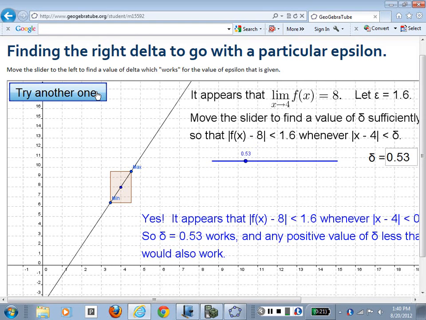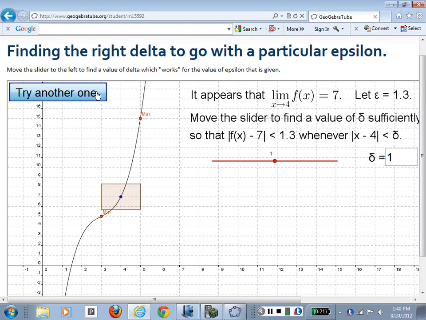One more. Oh, some curvature to it. This is a polynomial with an x cubed term in it, I forget exactly what it was. It looks like the limit of f of x as x approaches 4 is 7. It's a continuous function. f of 4 actually is 7 there, but also the limit exists there.